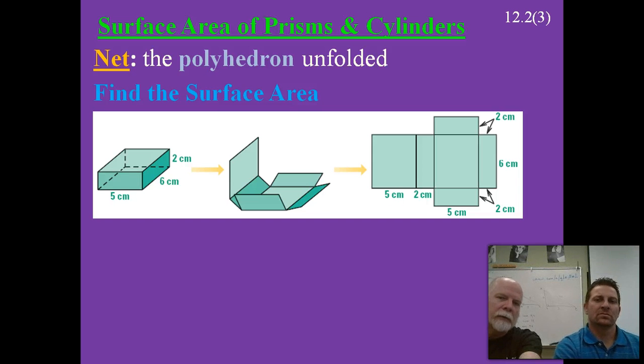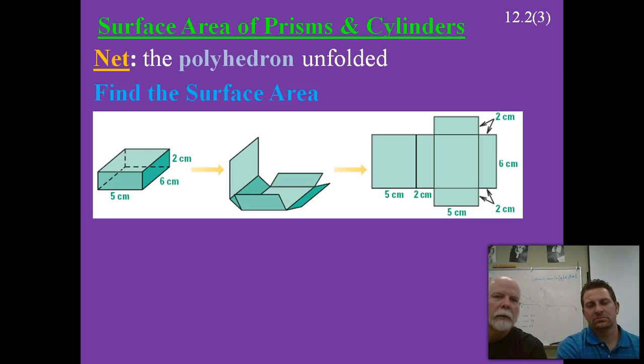On the right-hand side, that flattened-out, odd-shaped bunch of rectangles put together, if you go backwards to the left, you start folding it up and creating a box out of that shape. That flat, unfolded box is called a net, and it makes the surface area easier to comprehend.